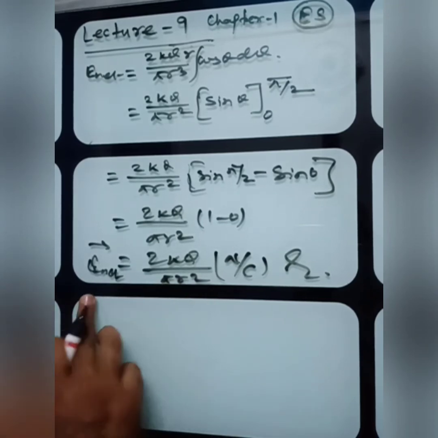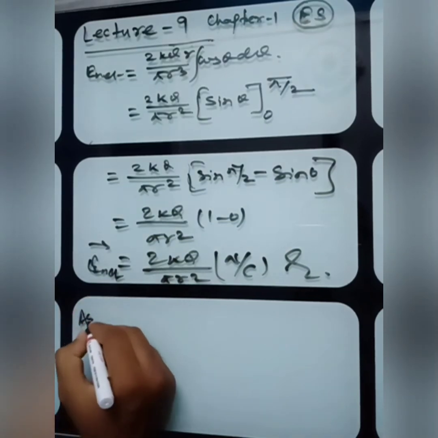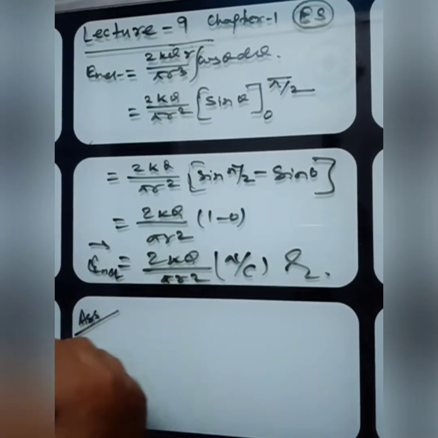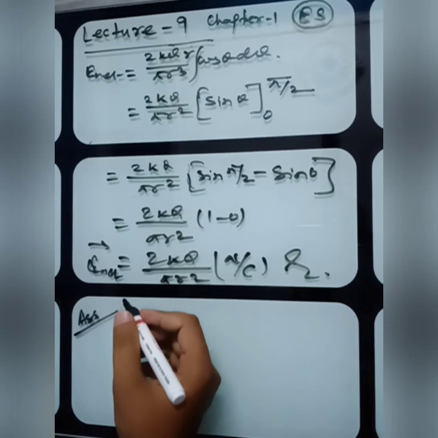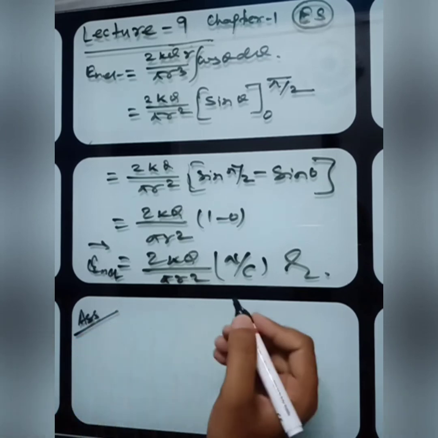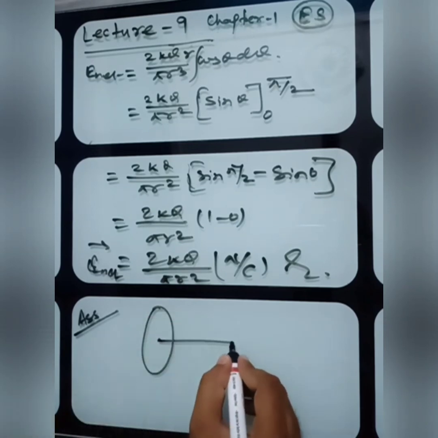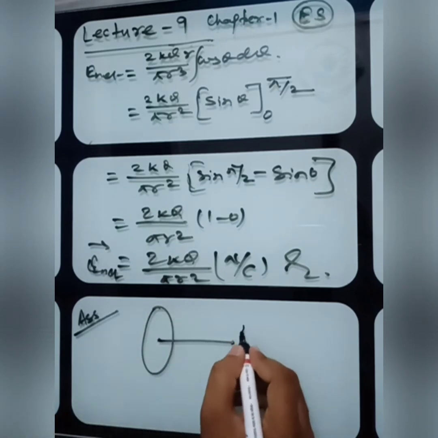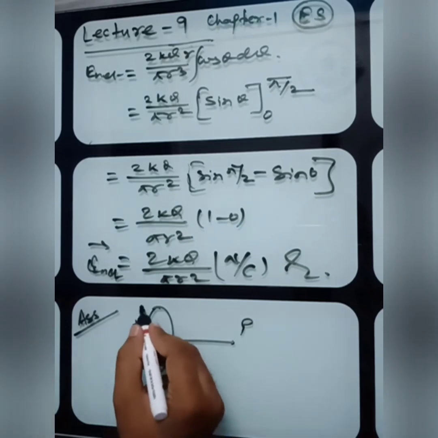So we have taken this lecture so far. I'm giving you a home assignment, a part of the assignment from my paper. This is your home assignment, which is from NCERT. You have to find the electric field at point P due to this ring.